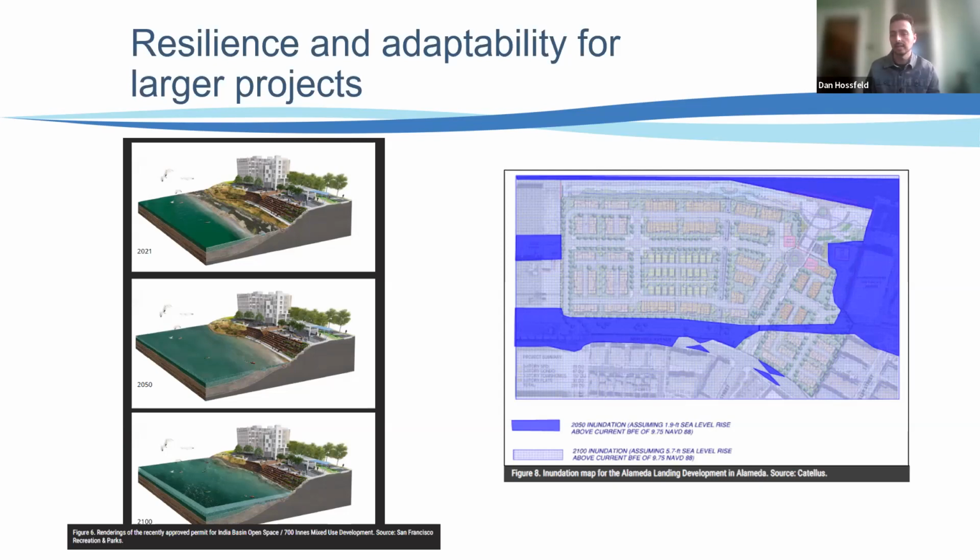We've really tried to stack it full of case studies with that legal language. And it's all specific to sea level rise adaptation. So I have a couple examples following in the next couple slides that are in the guidance. And they required resiliency and adaptability measures.